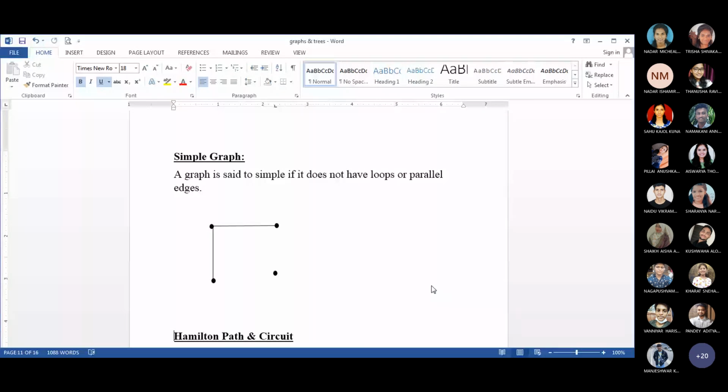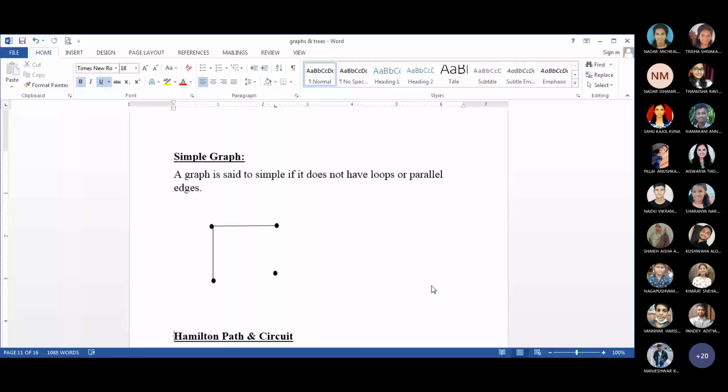Parallel edges we had seen; today also we revised that diagram where E1 and E5 were the parallel edges, because E1 and E5 were two distinct edges having the same vertices as endpoints.